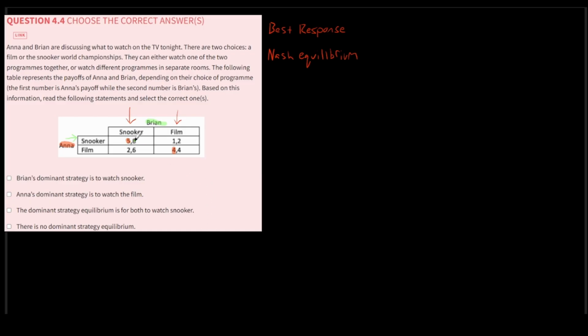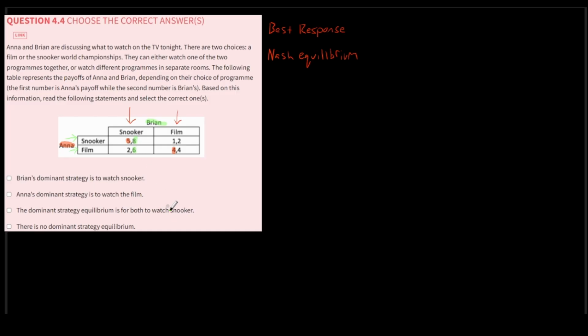And Brian can have a payoff of 8 or a payoff of 2. Payoff of 8 sounds better. So if Anna chooses snooker, Brian's best response is snooker. What if Anna chooses film, though? Well, if Anna chooses film, then Brian is picking between 6 and 4. We see here that Brian has the incentive to choose snooker again.